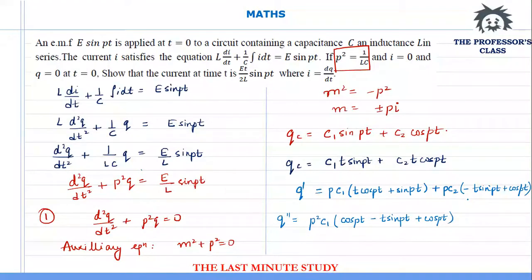Similarly, the next part also, the first term will be a part of chain rule. So this will become minus sin pt minus t cos pt minus sin pt. This is what I'll get over here.